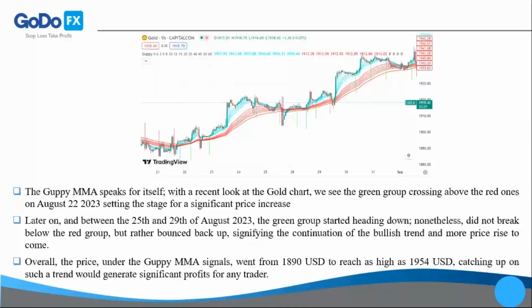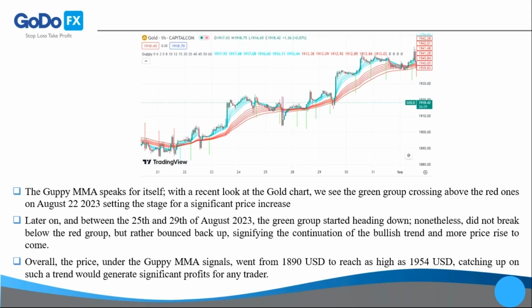With a recent look at the gold chart, we see the green group crossing above the red ones on August 22nd, 2023, setting the stage for a significant price increase. Later on, between 25 and 29 of August 2023, the green group started heading down. Nonetheless, it did not break below the red line, but rather bounced back up, signifying the continuation of the bullish trend and more price rise to come.